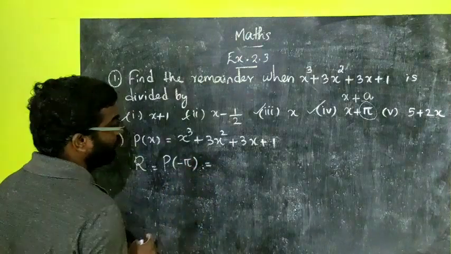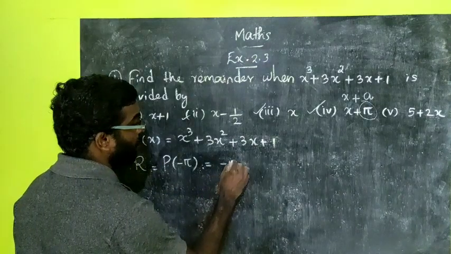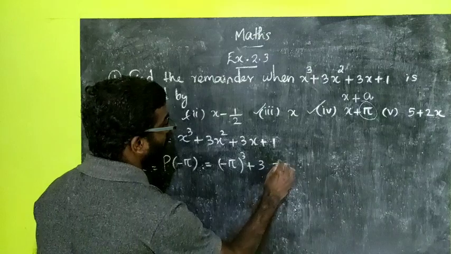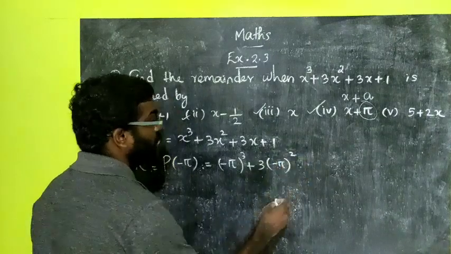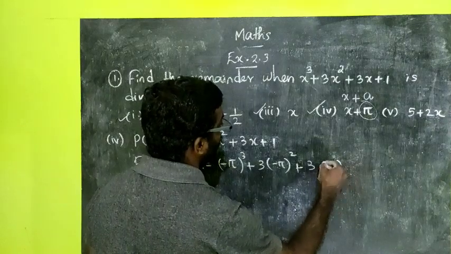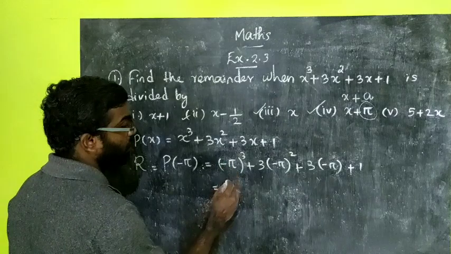That will be equal to, we can replace x by minus pi: minus pi the whole cube plus 3 into minus pi the whole square, then plus 3 into minus pi plus 1, equal to minus pi cube, since minus cube is minus.